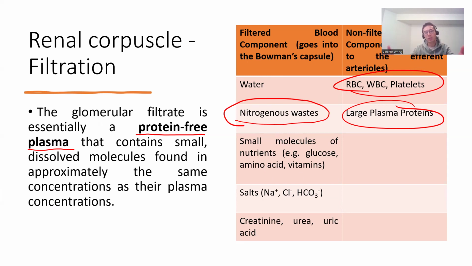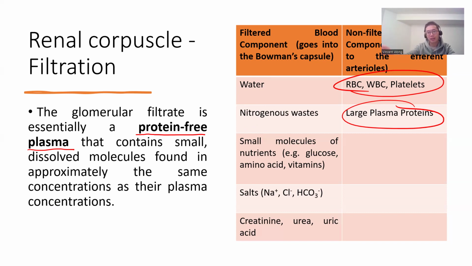You're only filtering 20% of what's coming in. Some of it you're going to miss, which is fine. Later on in the nephron, you might put more in, but since you continuously filter the blood, some of the material that you've missed this round, you will have to wait for the next round of filtering. When the blood circulates once and comes back to the kidney again, then you can filter it. That's why it's a continuous process. It's not like you can remove all of it right away.